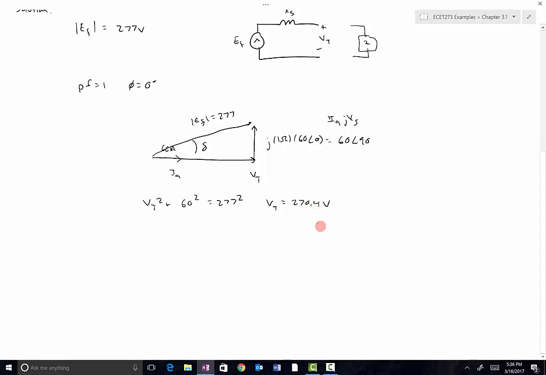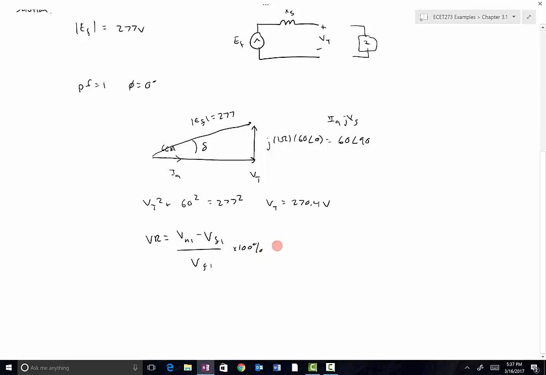We were asked to calculate what the voltage regulation is, and that's just a measurement of how much the voltage changes under different loads. And so the voltage regulation is going to be given by the no load voltage minus the full load voltage, divided by full load voltage, times 100%.